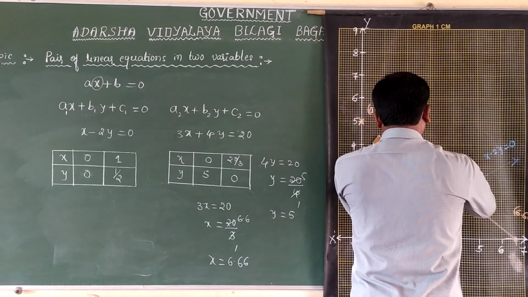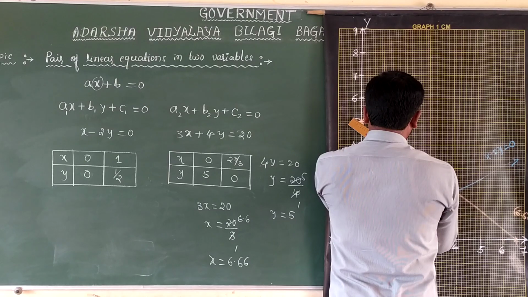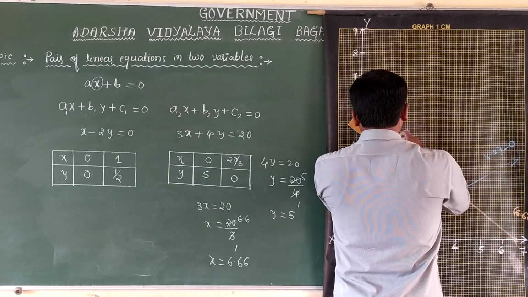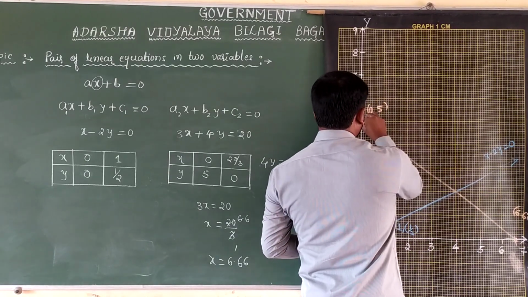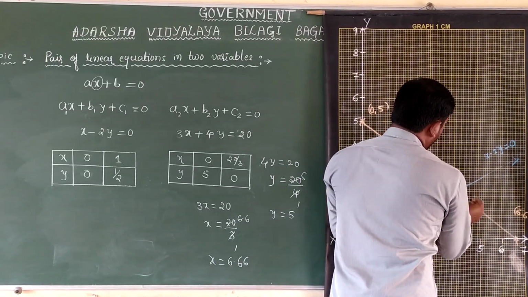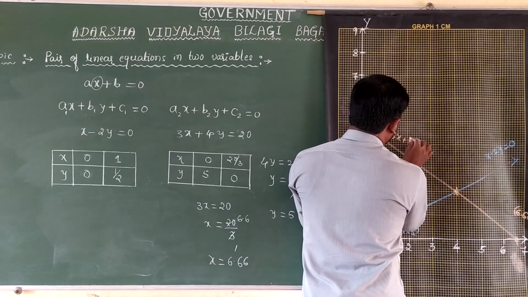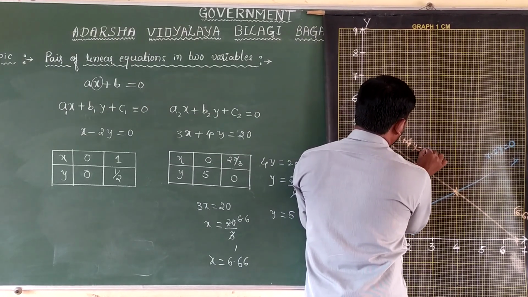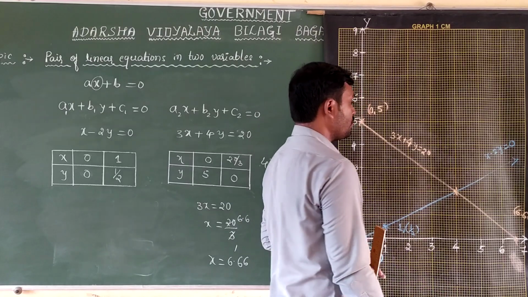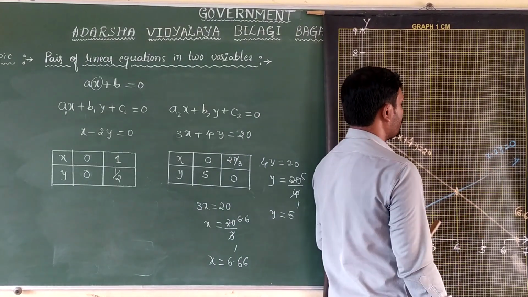Let us see at which point they have intersected and what the solution is for both the equations. This is the second line, the line of 3x plus 4y equals 20, and it is the line of x minus 2y equals 0.